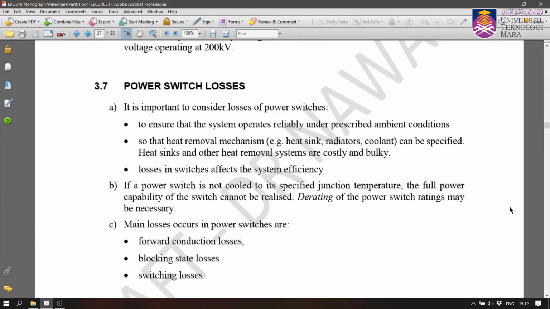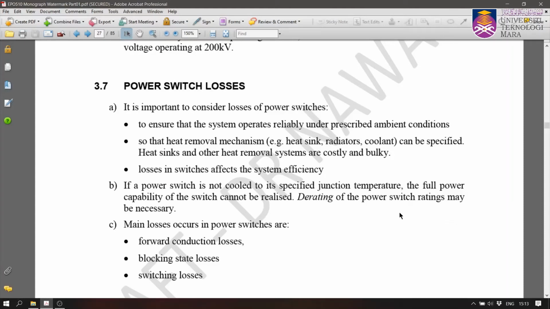If you do not transfer the heat outside of the device, the rating of that 2000 volts is reduced to, for example, 50% of it. Instead of 2000 volts, it now only works at 1000 volts. So of course power switch losses are a main issue in designing the power converter circuit.